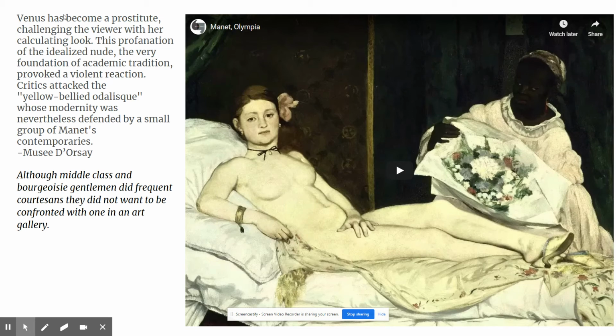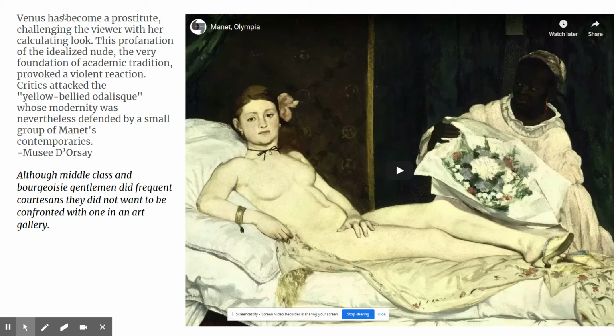Now, by this point, the female nude was considered a beautiful, wonderful thing and totally idealized and was a completely acceptable subject of art in the Academy. People didn't think of it as necessarily entirely scandalous.